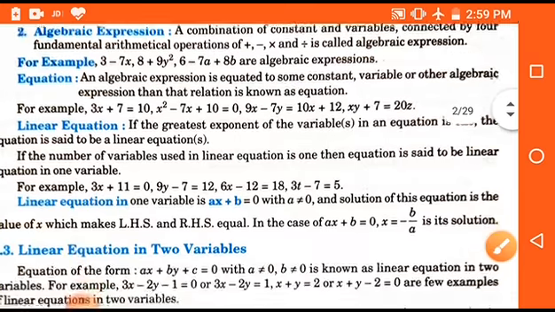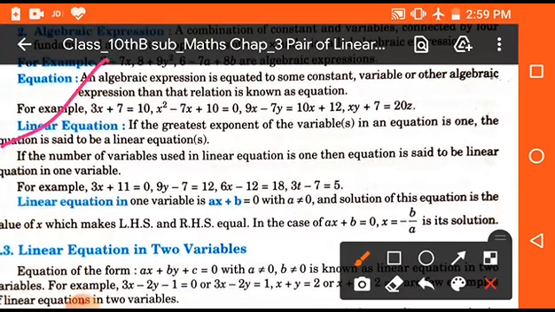Now, the next topic is linear equation. If the greatest exponent of the variable in an equation is 1, then we say that it is a linear equation, because linear means single.